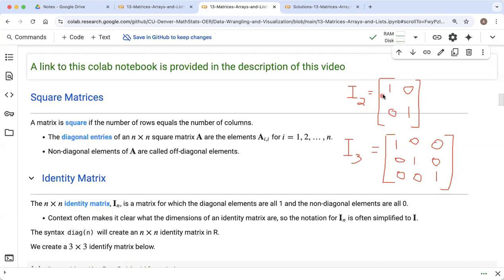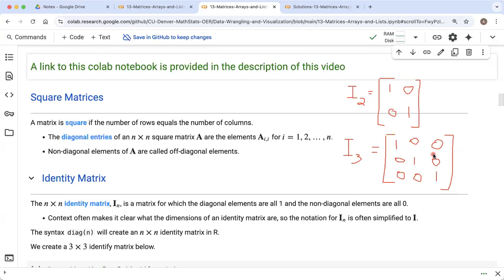This is a 2 by 2 matrix which has 1s on the diagonal and 0s off the diagonal. I3 is a 3 by 3 identity matrix that has 3 1s on the 3 diagonal entries, and all of the off-diagonal entries are 0. And you could have I4, I5, I6, and so on. So any square matrix that has all 1s on the diagonal and all 0s off the diagonal is what we consider the identity matrix.